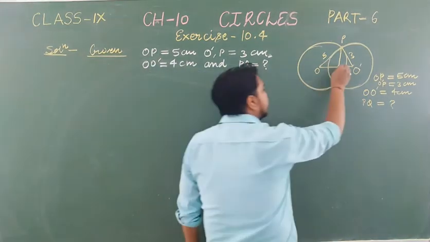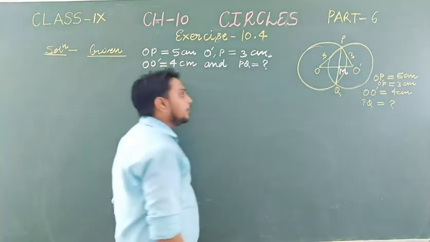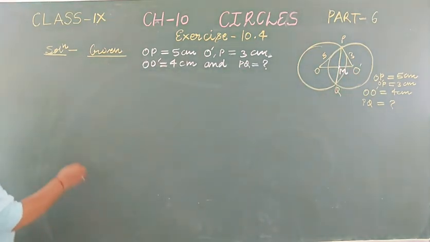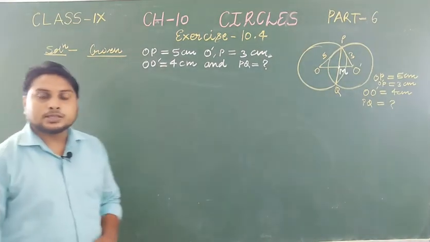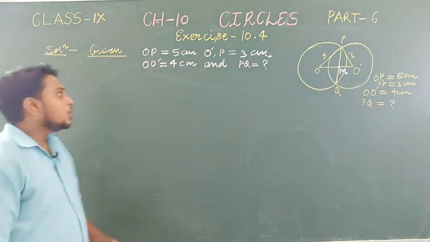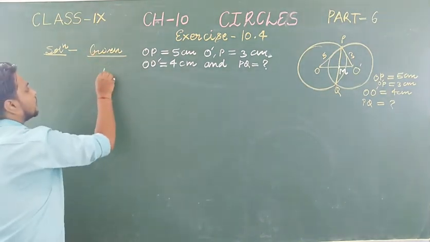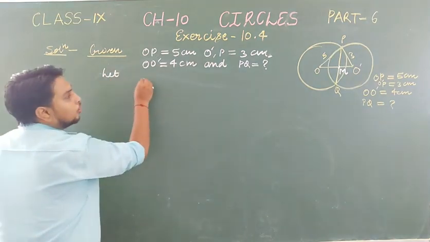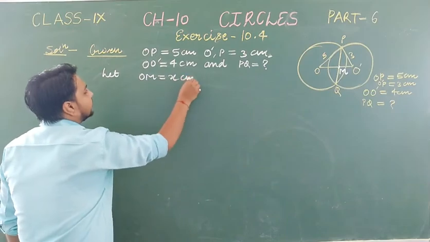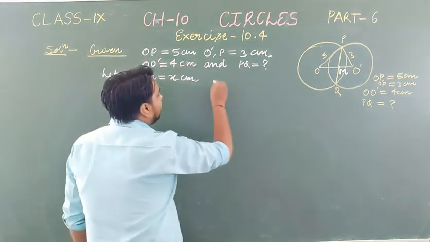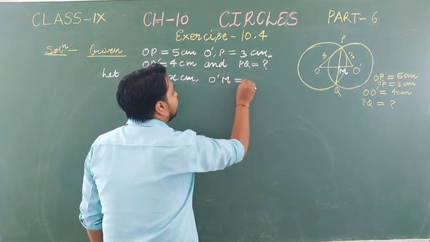Suppose, students, this point is denoted by M. It is given that OO', meaning the distance between the centers, is 4 centimeter. So if we suppose OM is equal to x centimeter, then what will O'M be?